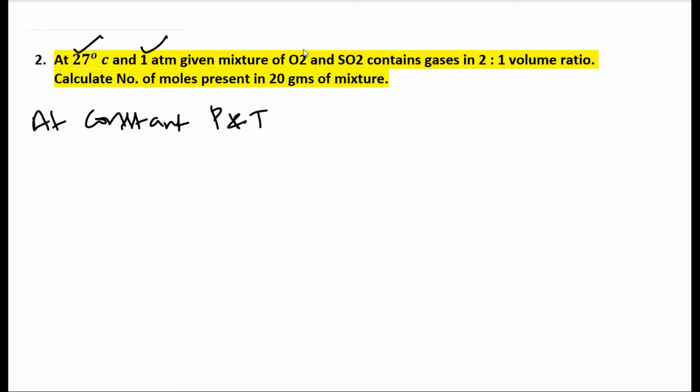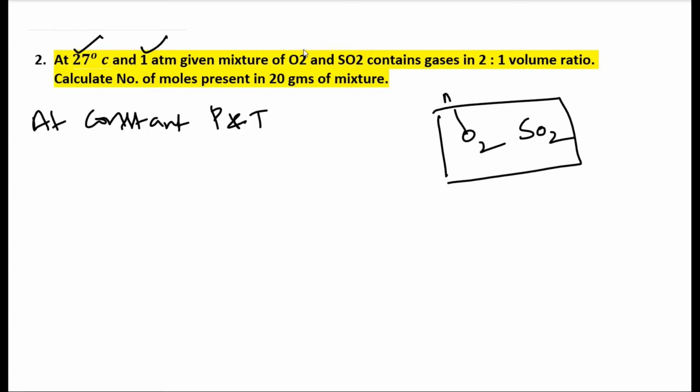Then this is a container. Please look into that. O2 and SO2 are there. O2 molecular mass M1 is 32. SO2 molecular mass M2 is 64.